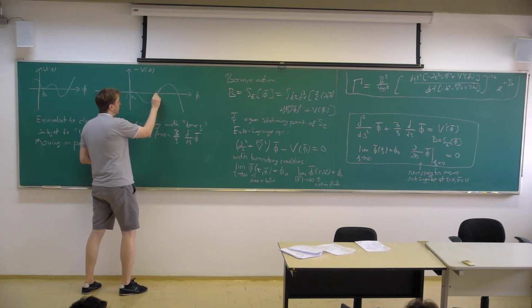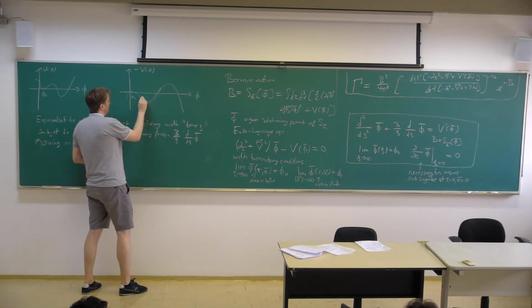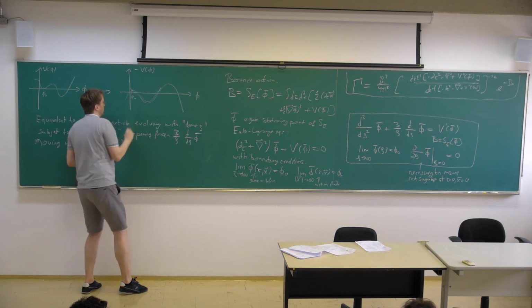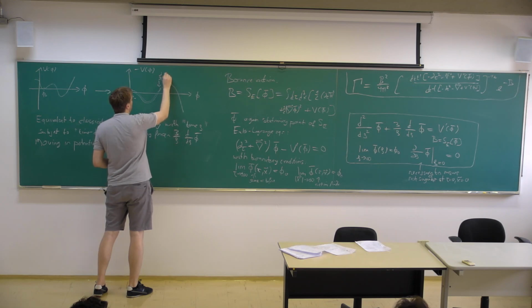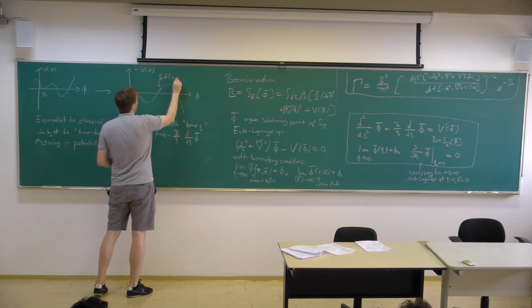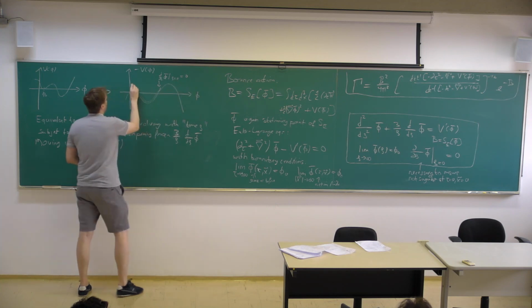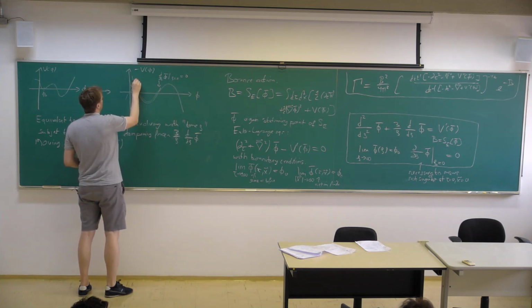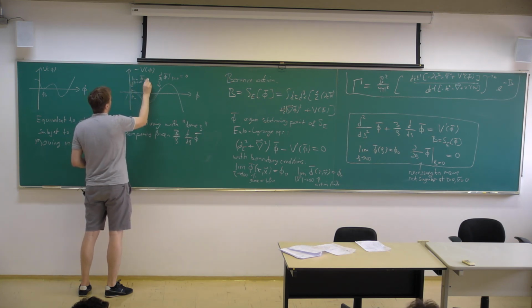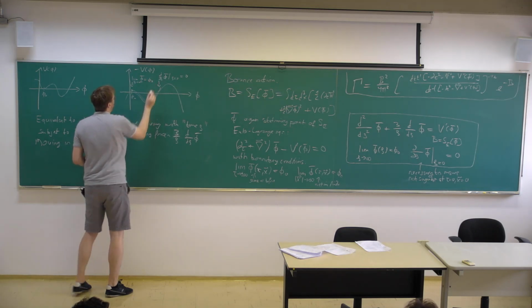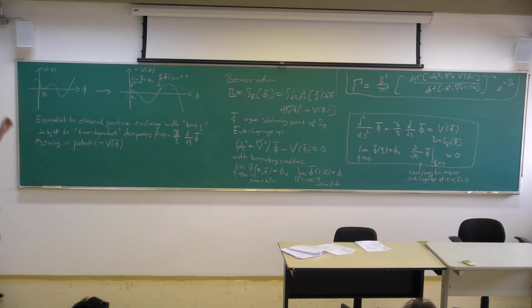So it goes down and slows down, and at rho to infinity, it ends up here at phi naught.